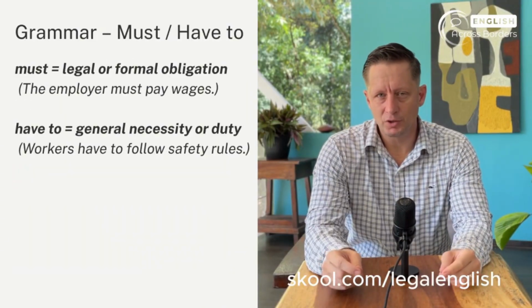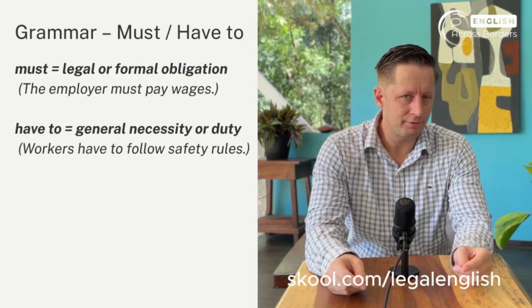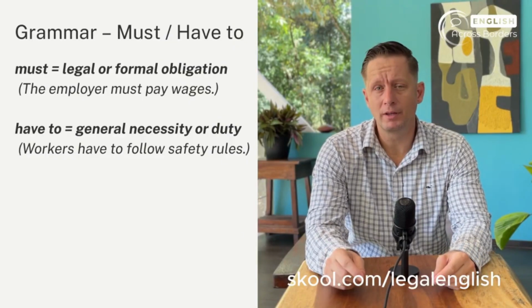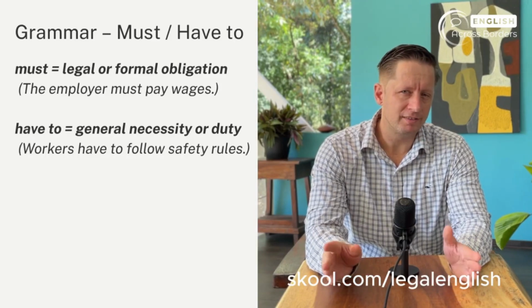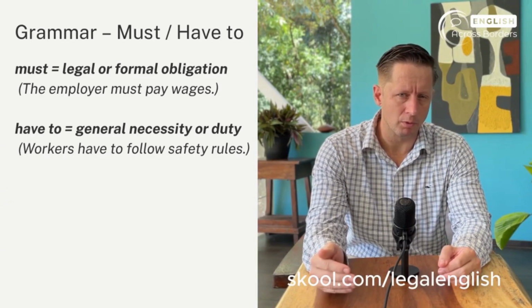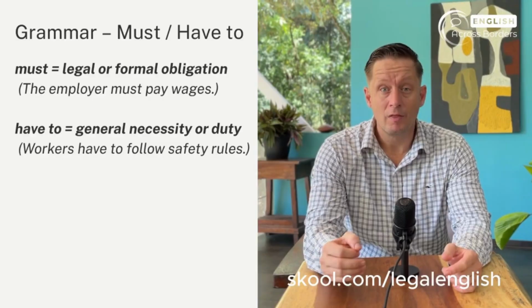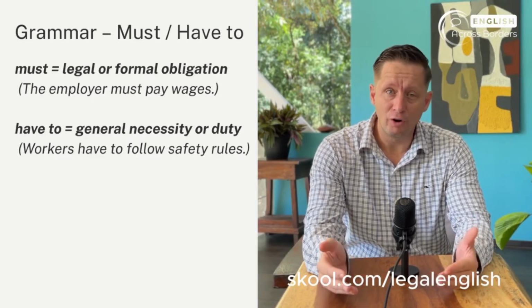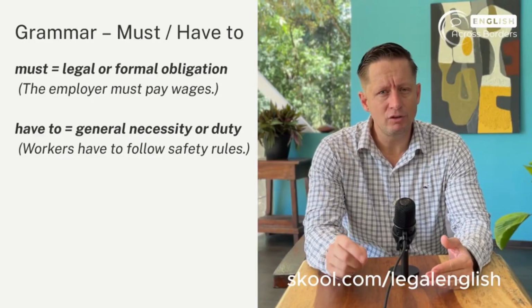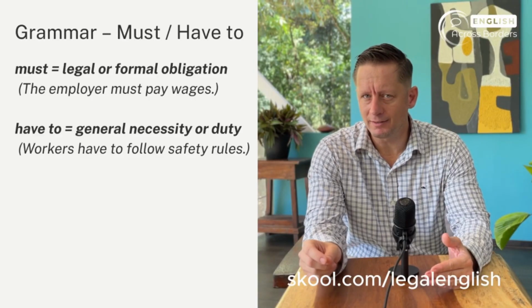In English, we use must and have to talk about obligations and responsibilities. Must often sounds stronger and more formal. Example, the employer must pay wages. Have to also means obligation, but is used more in everyday speech.